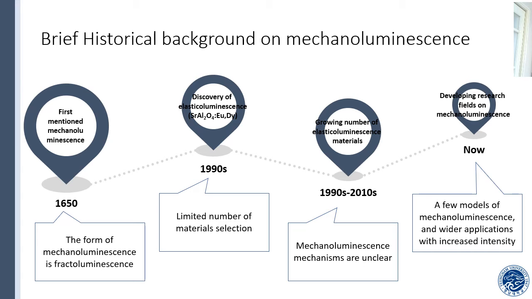And now we will develop the research field on mechanoluminescence, a few models of mechanoluminescence and wider applications with increased intensity, because intensity was quite a problem of mechanoluminescence itself, since low intensity won't be extensively used for all applications.